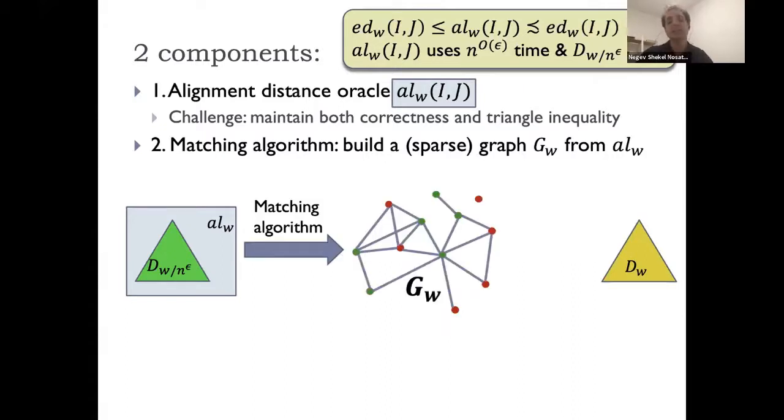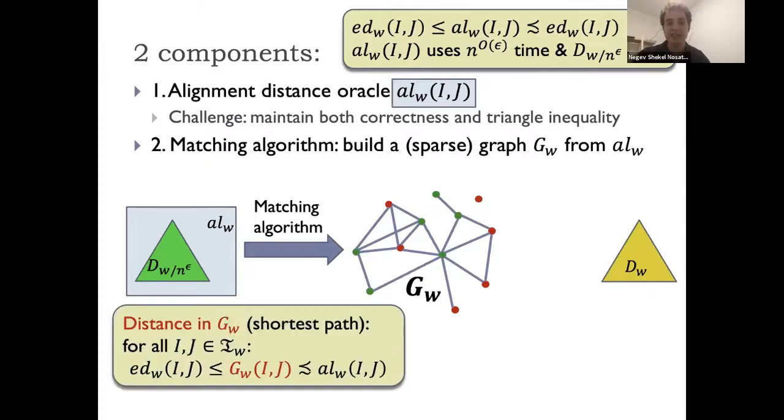We have a matching algorithm that builds this graph G sub w, which I don't have time to explain exactly, so I'll give it at a very high level. And the guarantee for this graph G sub w, again, is that it always outputs the distance in the graph. It's a weighted graph.